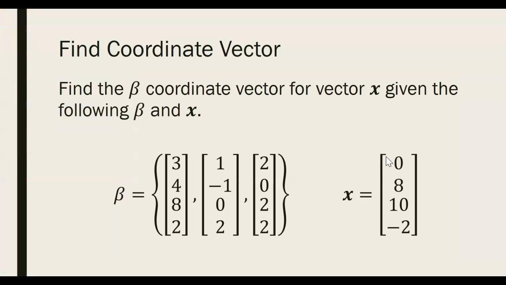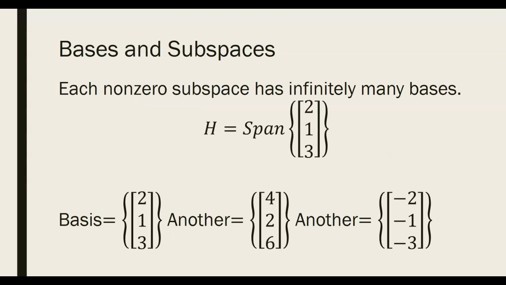Now, I think I mentioned this in the last section, I definitely mentioned it earlier, but when I say we want a basis for a subspace, it turns out each of the non-trivial subspaces actually has infinitely many bases.